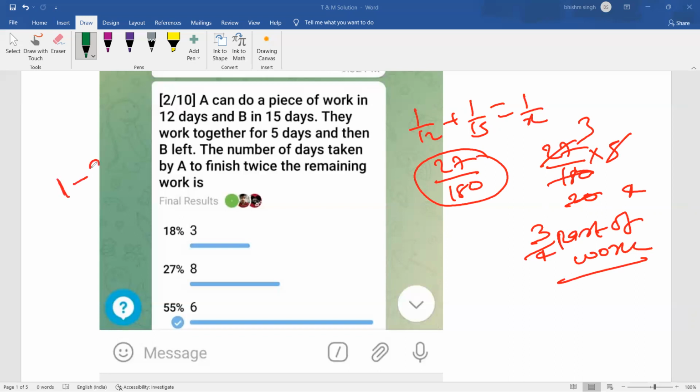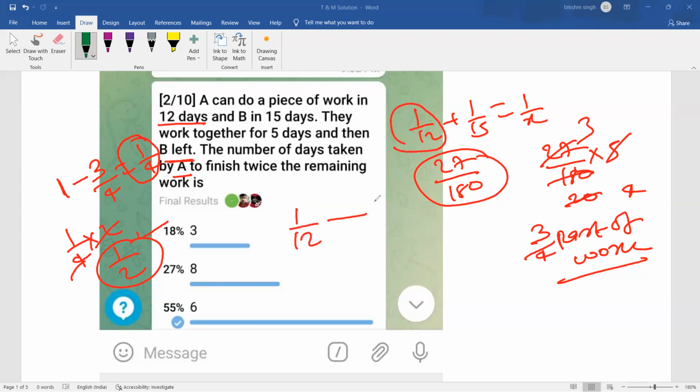What is your remaining work? So you have to subtract 1 minus 3 by 4, that is 1 by 4. So who has to do the 1 by 4 work? A, because B already left here. And it says that A will do twice the work of B. So twice of 1 by 4 is 1 by 2. A is doing 1 by 12 work in 1 day.